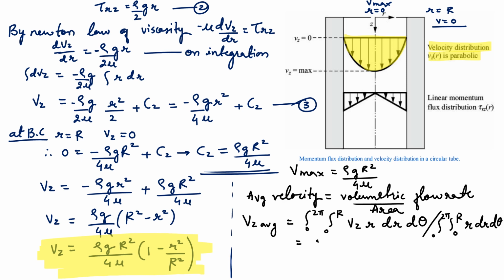So d theta is 2 pi, so 2 pi gets cancelled.